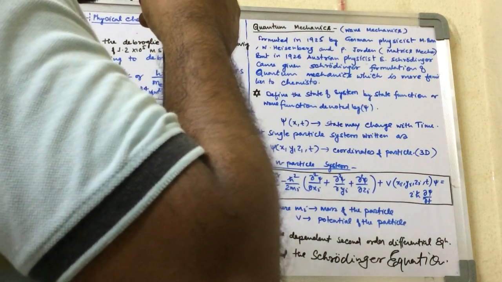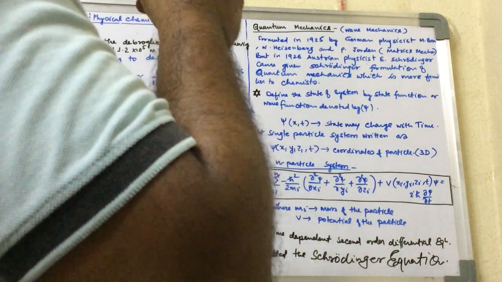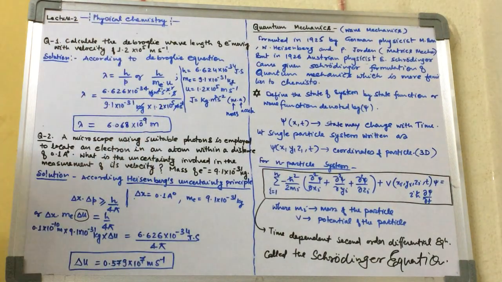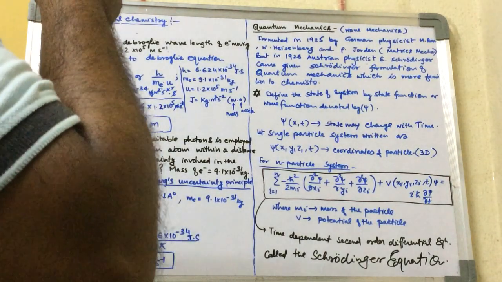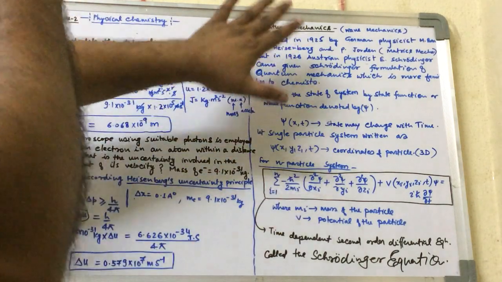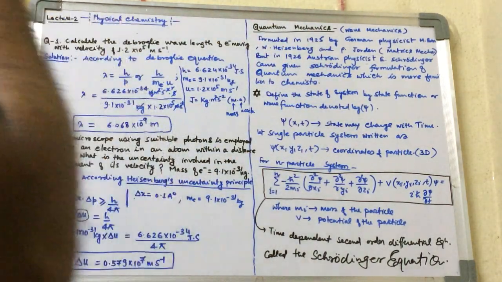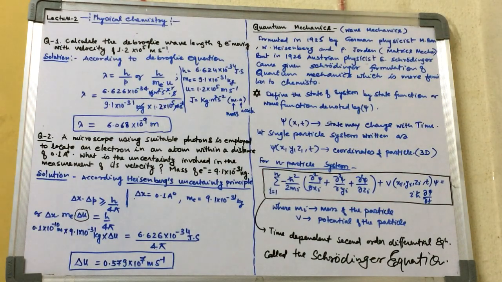That thing we will see through instrumentation. Anyway, that is not our part. Basically we will see the theory of quantum mechanics. So here basically we talk about wave mechanics.